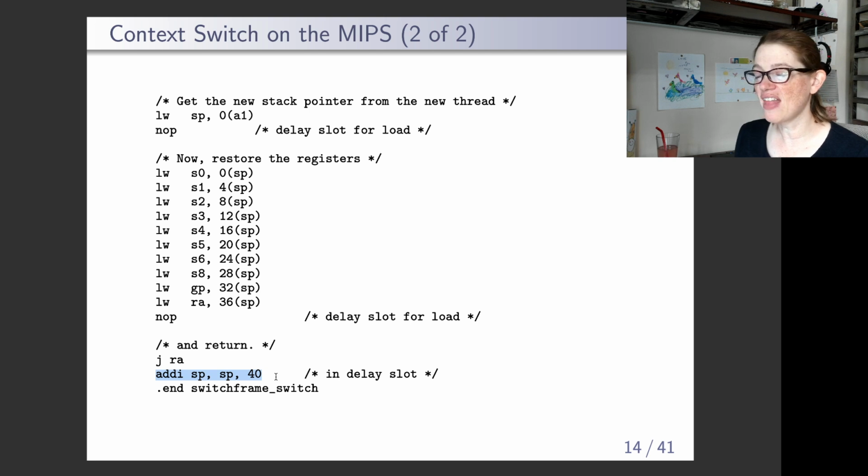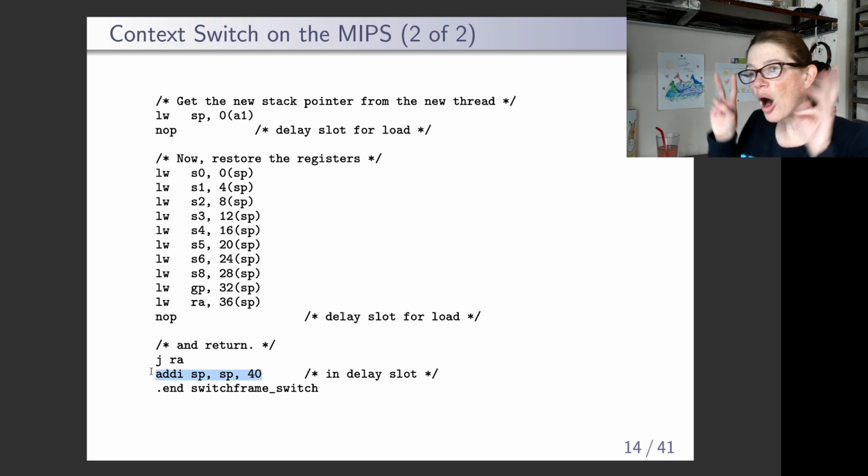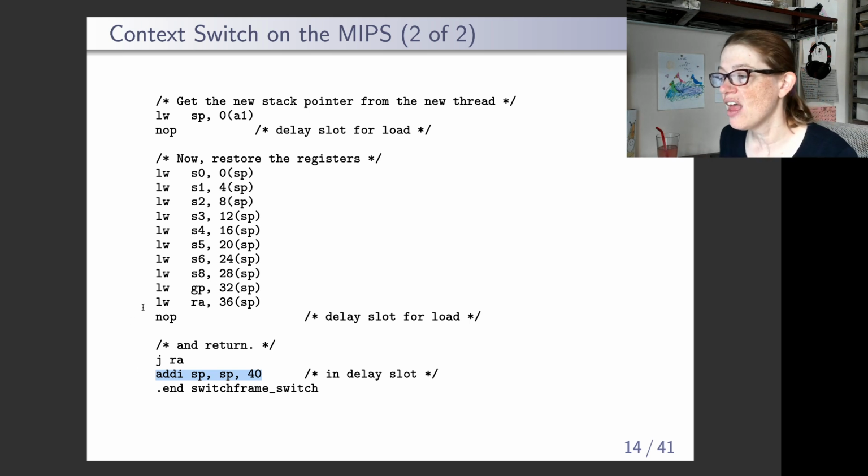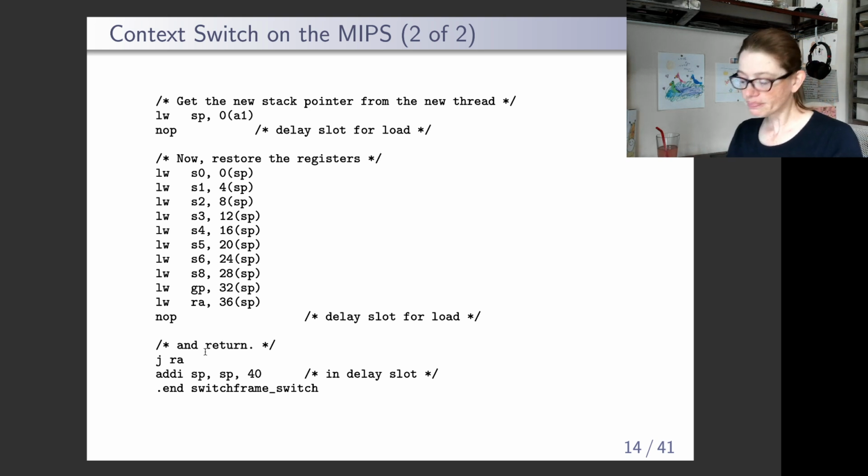So we have something in that one. You could have technically put this add to pop the restored registers off the new thread's stack where this NOP is, and then put this NOP in the delay slot of the jump, and that would have been equivalent, but this is how they decided to do it. So don't forget about delay slots.